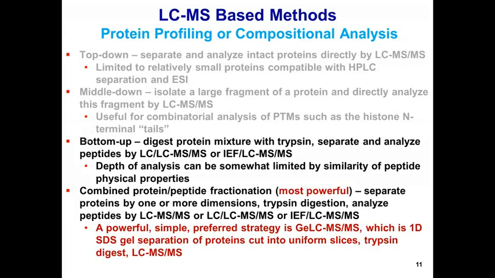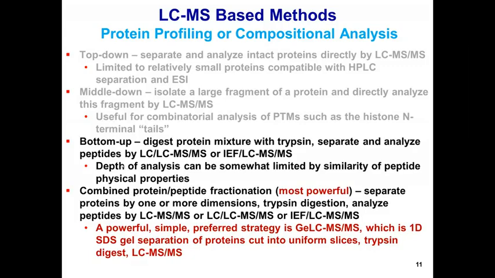There is a common method called bottom-up analysis, where the entire protein mixture is digested with a protease, separated and analyzed. Usually, because of the complexity, to achieve a good depth of analysis we need to have multiple fractionation steps. So LC-LC-MS is two types of chromatography, or IEF followed by LC is isoelectric focusing separation of peptides followed by LC MSMS.